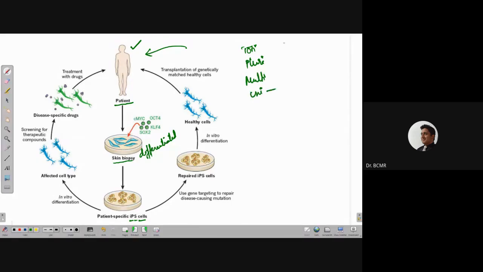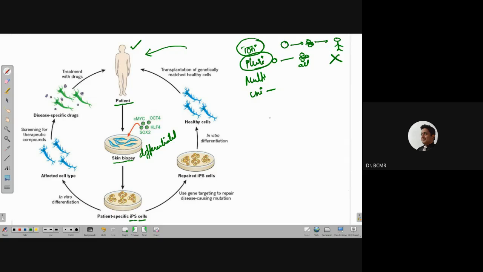If one cell can give rise to multiple tissues and then ultimately give rise to one individual, a viable animal, then you call it totipotent. If a cell can give rise to all types of cells, but not the complete organism, then they are called pluripotent stem cells.